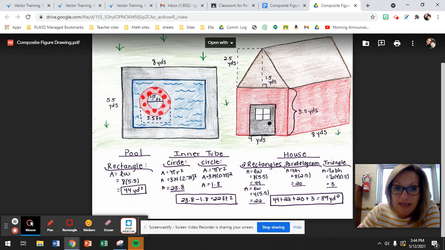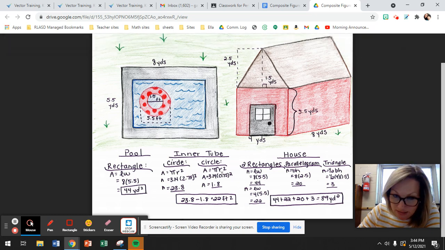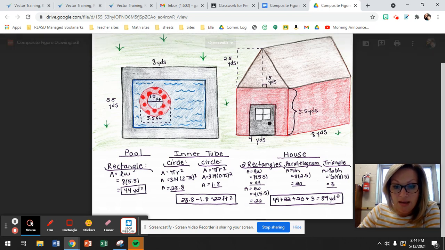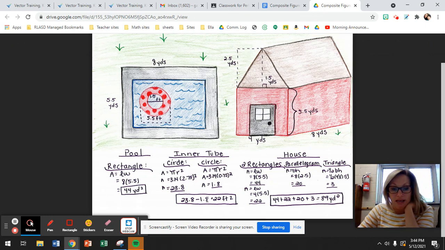Then when I had to calculate the inside, again, pi r squared. So I did 3.14 times 0.75 because that's half of my 1.5 feet, squared, and that's 1.8. Then I had to take my 23.8 and subtract 1.8, which leaves me with 22 feet squared.